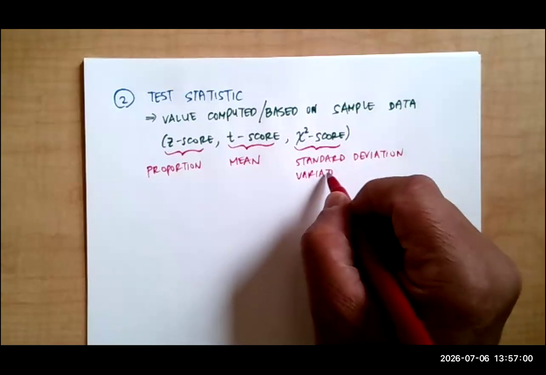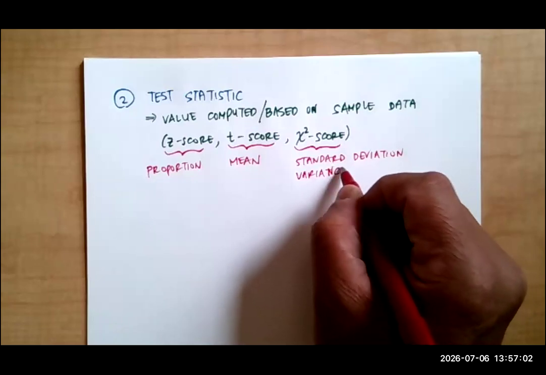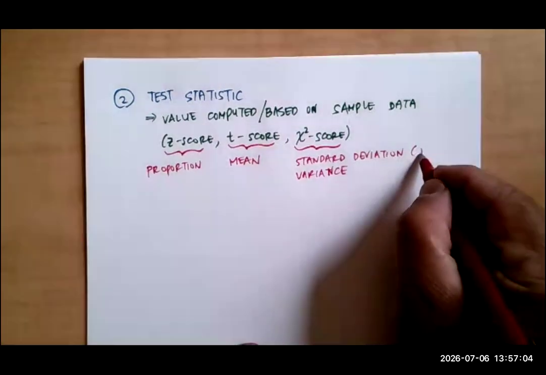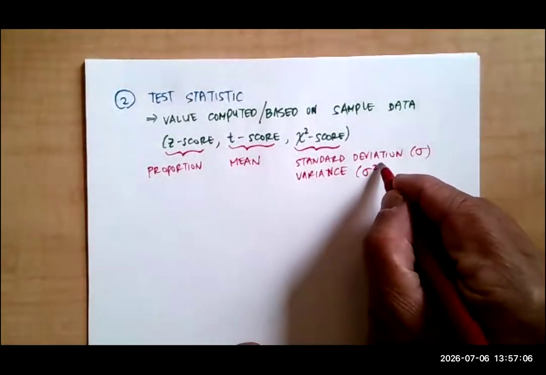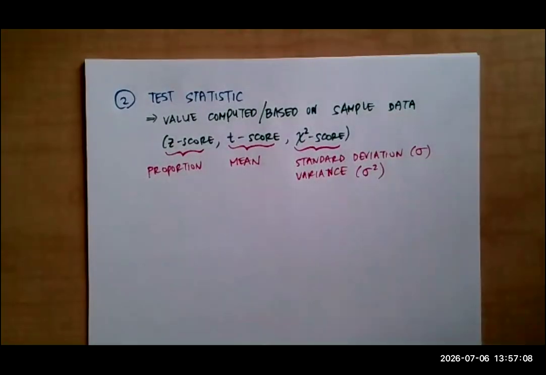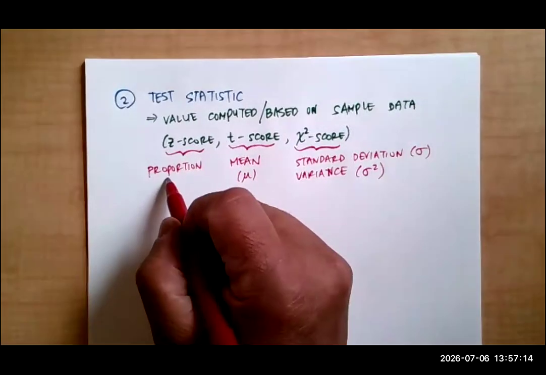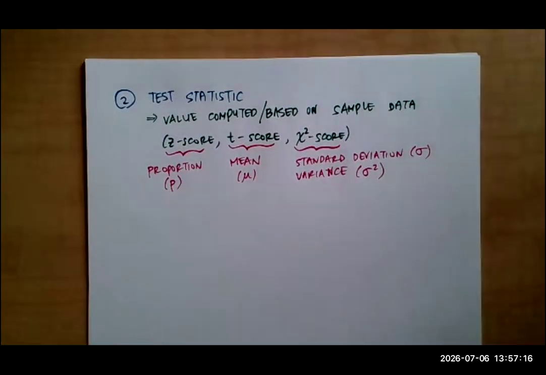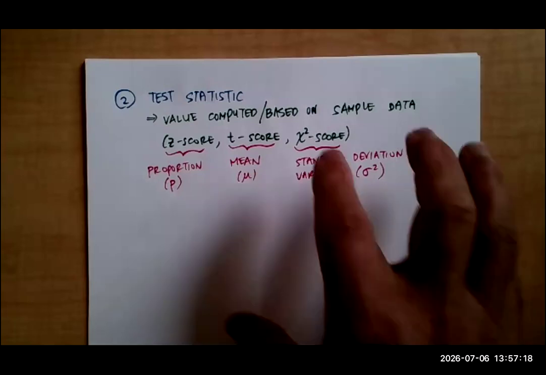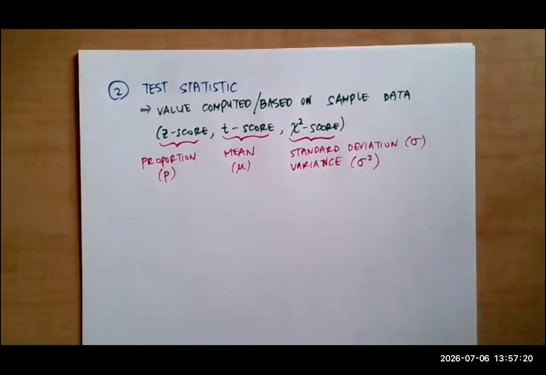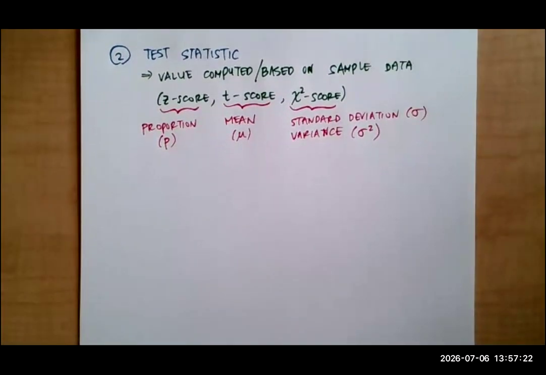Okay, make sure I got my spelling right. There we go. Sigma, sigma squared, just for that notation. And I suppose for the mean, we're doing mu. For the null hypothesis, proportion, p. And so we're going to base these test statistics on those distributions.